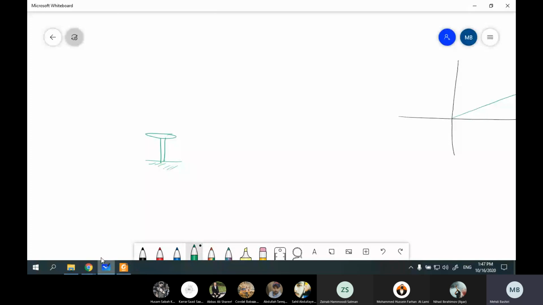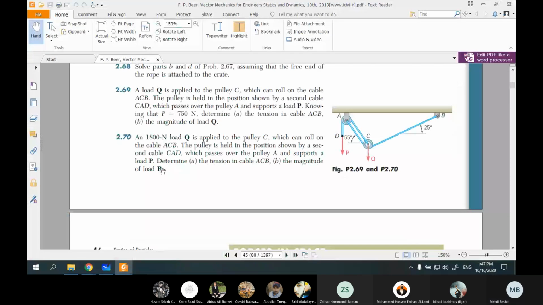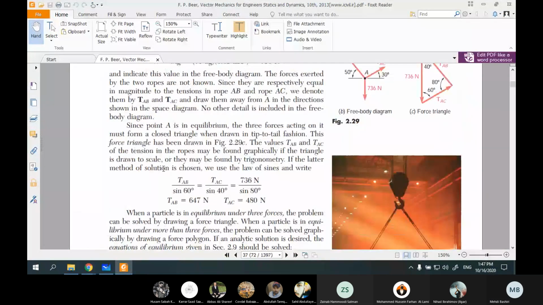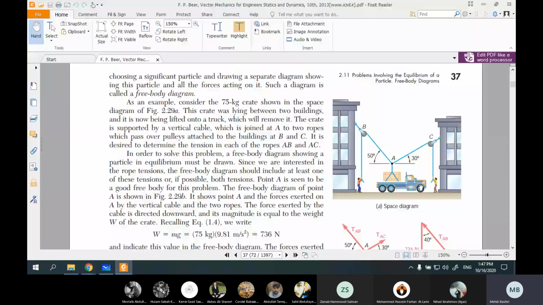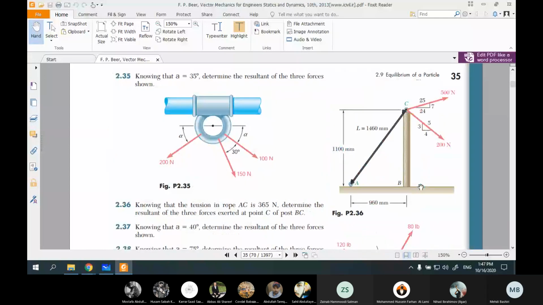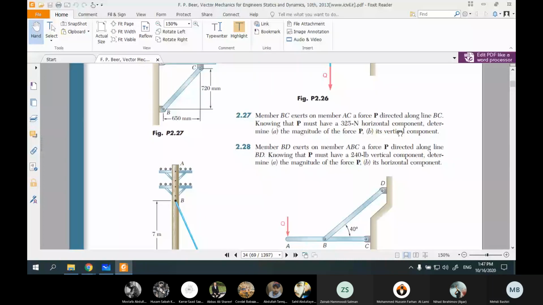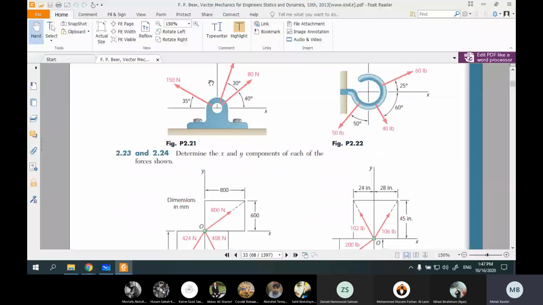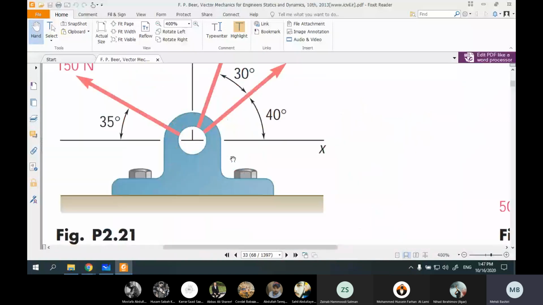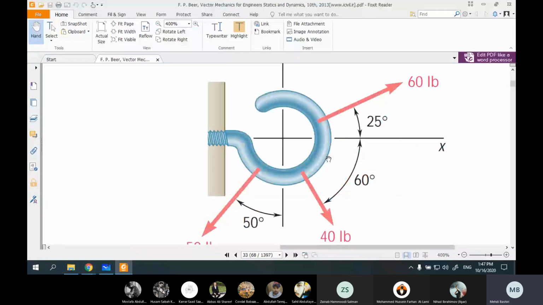Let me show it in your book. Suppose that you have a bolt like this.